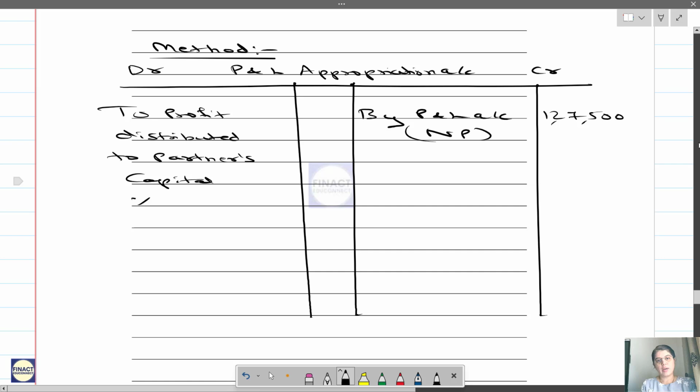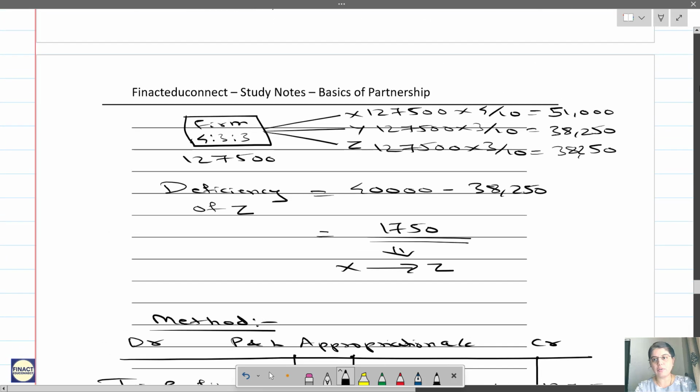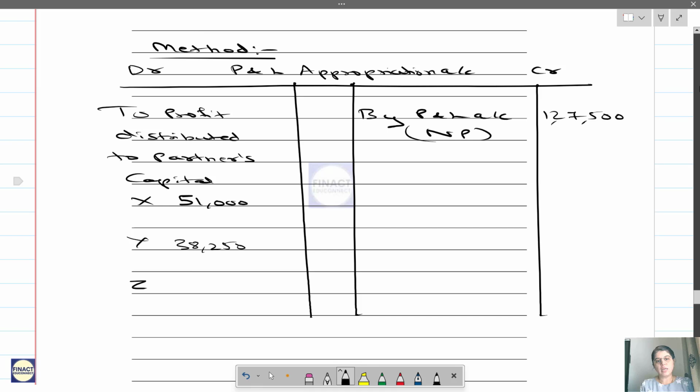So you have X, Y and Z. So the initial profit I'll write in the inner column. How much was that? 51,000, 38,250 and 38,250. Okay. Now X has to give Z 1750.